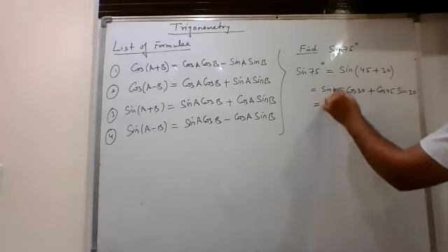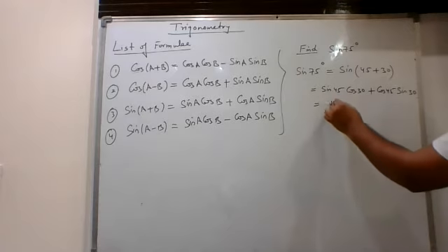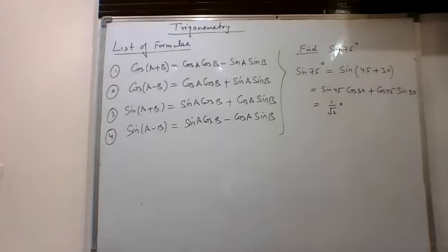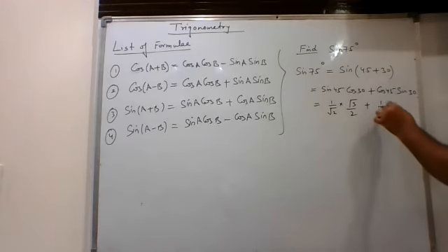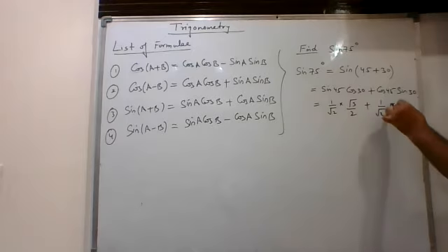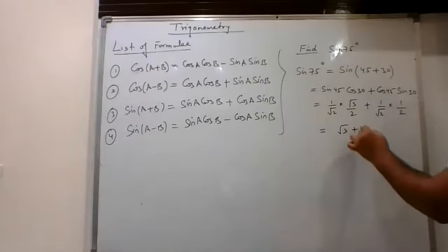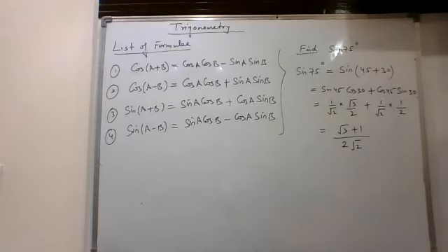You already know that sin 45 is 1 by root 2, so this is 1 by root 2 into cos 30, which is root 3 by 2, plus again 1 by root 2 and sin 30, which is 1 by 2. After calculations, you can write this as (root 3 plus 1) divided by 2 root 2. So this is our final answer.